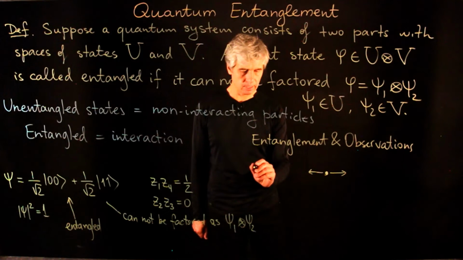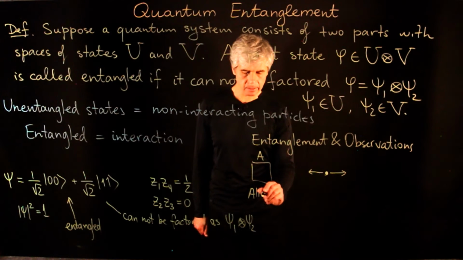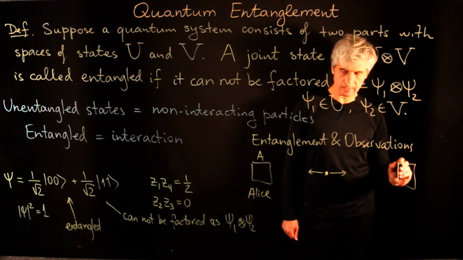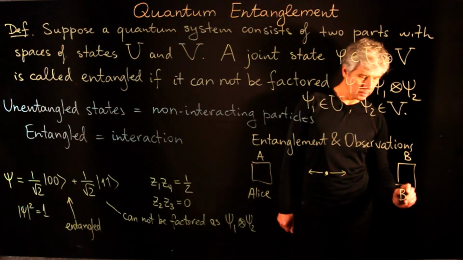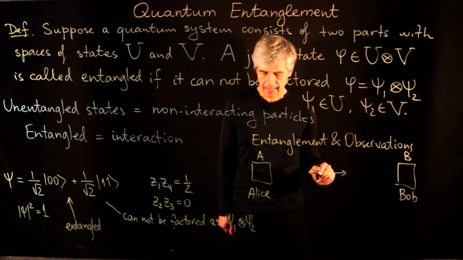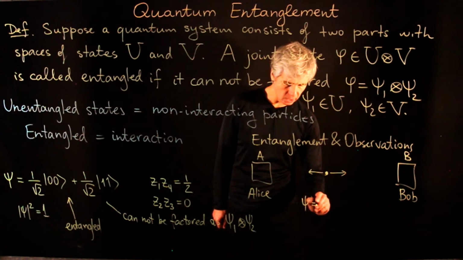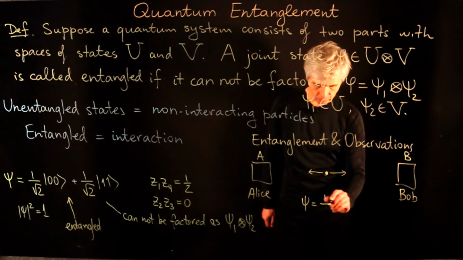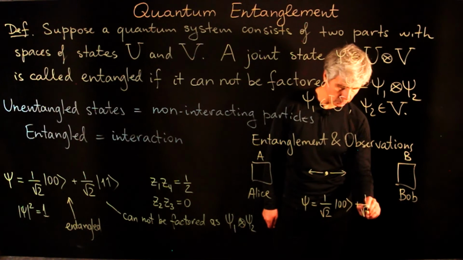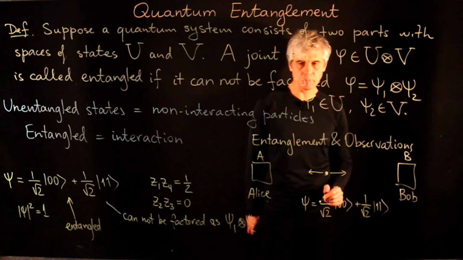Here we have detector A, so Alice is going to observe this photon, and here we have detector B, with Bob going to make observations on the photon that goes in this direction. And so imagine that the joint state that we generate is 1 over square root of 2, 0, 0, plus 1 over square root of 2, 1, 1. So what will happen with observations of Alice and Bob?